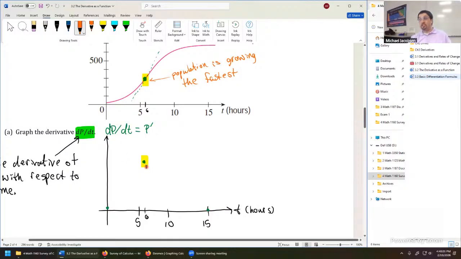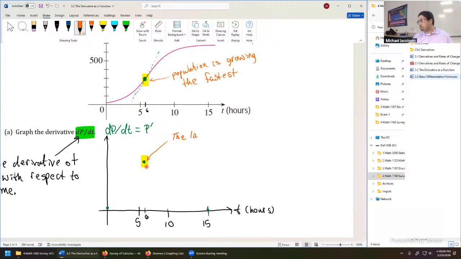And so if the population is growing the fastest at that point on the graph above, that means this is the largest value for P prime, the slope of the tangent line, which is the rate of change of the population growth with respect to time, or you could just call it dP/dt for the same exact meaning.